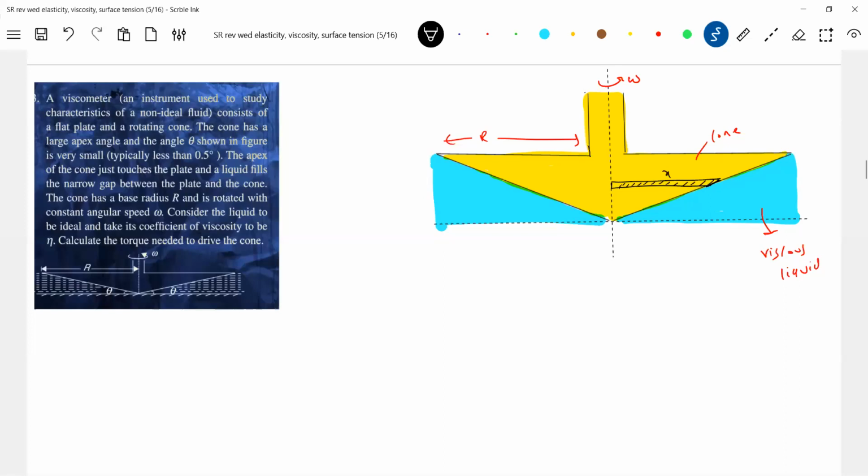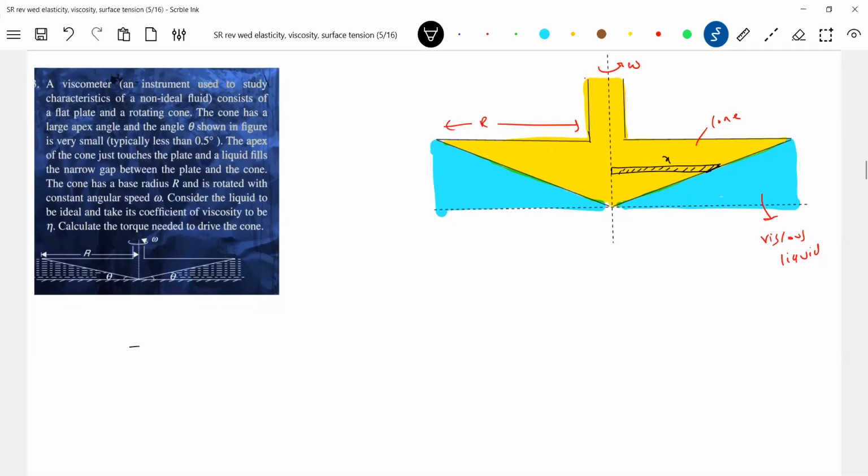If you assume it like this, you are going to get a disk, here. This is the radius of the disk. The structure will be, okay, I think I'm okay.